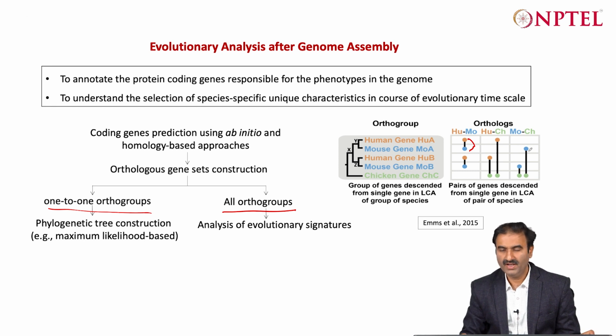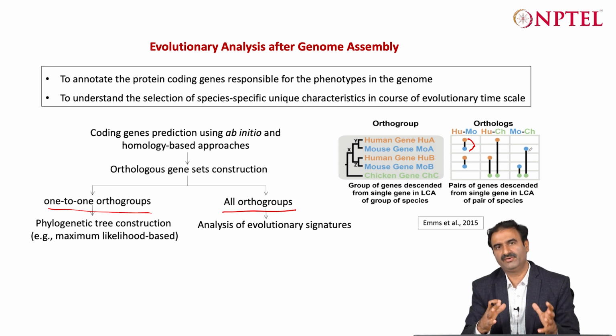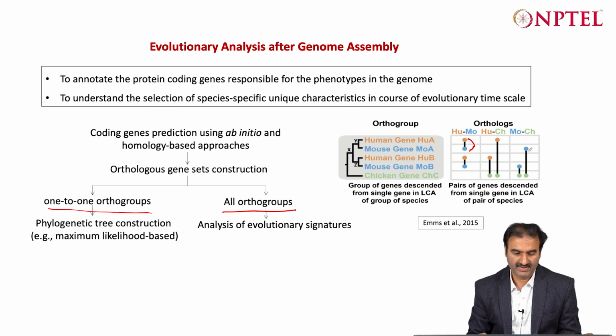So it's a kind of trade-off: if you include more and more distant species, your ortholog number will be smaller. You can do a far comparison but with a limited number of features available. And if you include closer species, you will include more genes, but the information that you are going to get about the evolution will be limited to that group of organisms.